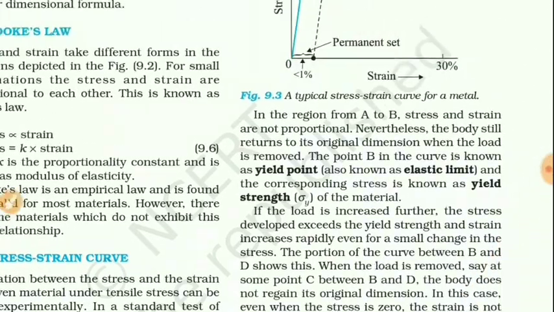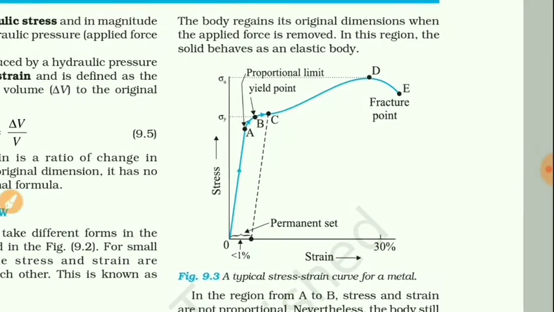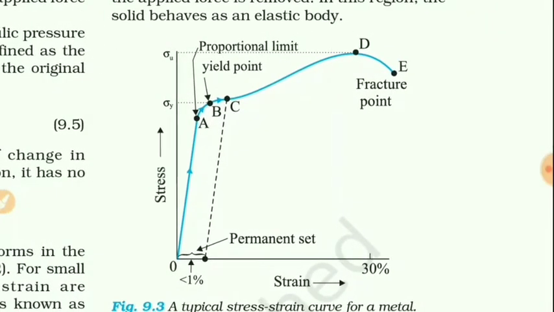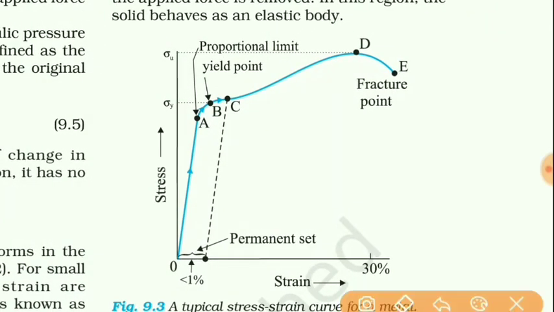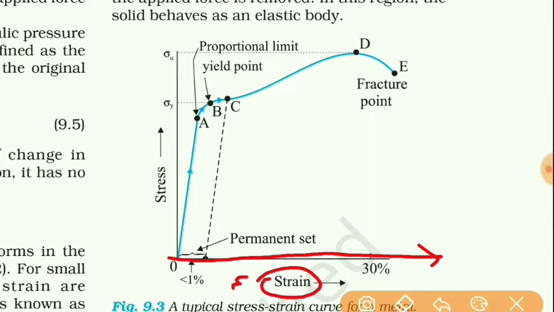Students, you can see here a graph is shown. This line along the x-axis shows the strain, symbol epsilon, and along the y-axis this line shows the stress, symbol sigma.